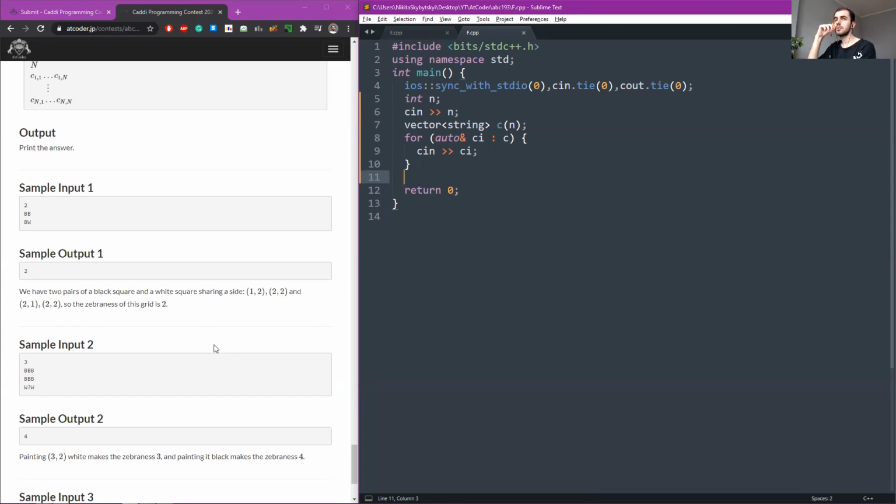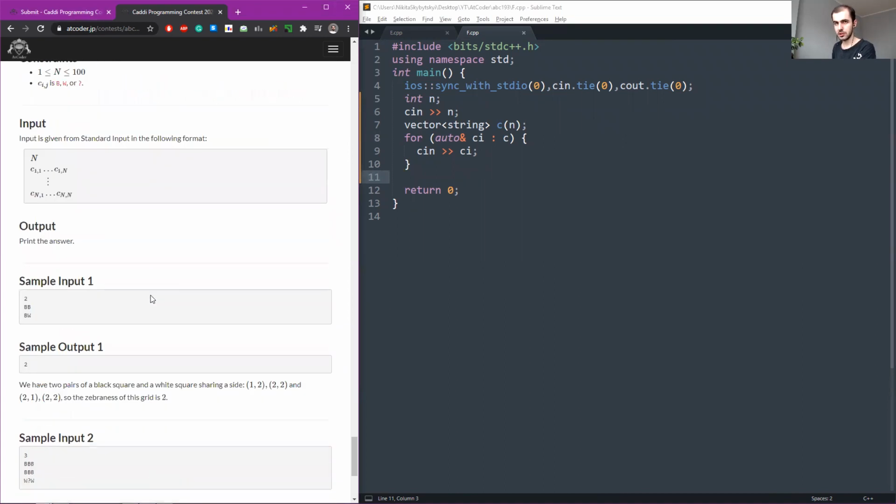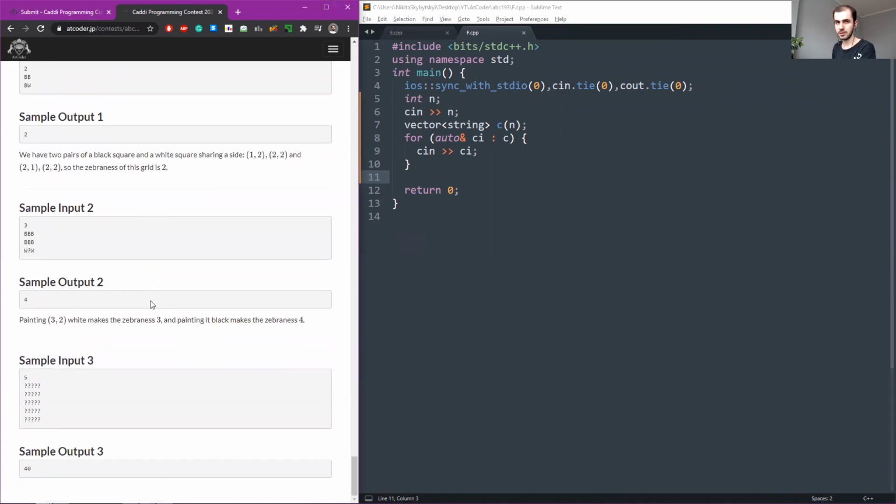And the problem why they become non-trivial is because you cannot do it with DP, because when you select the square at IJ, it affects both the next row and next column, and that's not great for DP. We don't have any constraints on the number of question marks, so it should be still something.